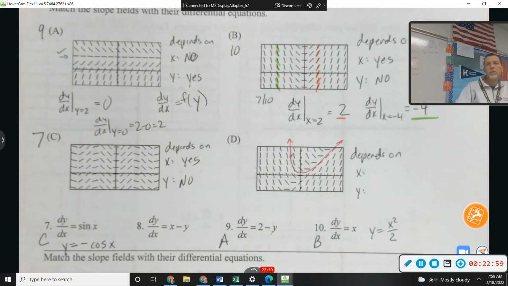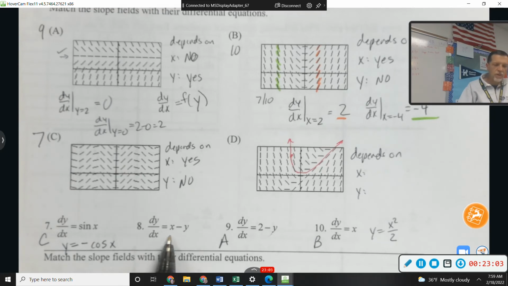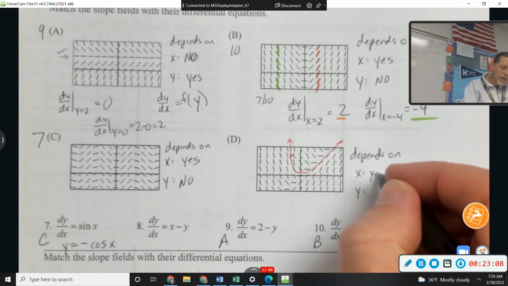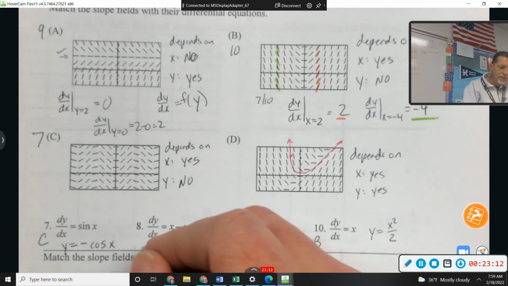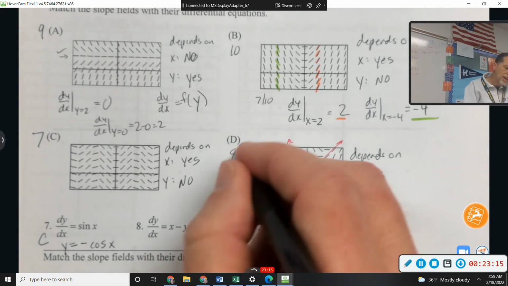Some sort of weird looking graph. But that's because it has a weird looking dy/dx. It depends on x and it depends on y. So the only one left, well, the only one left is 8, but the only one that depends on x and y is 8.